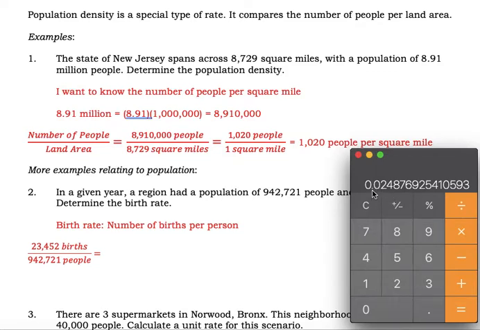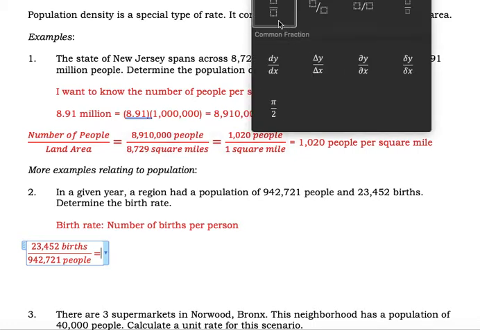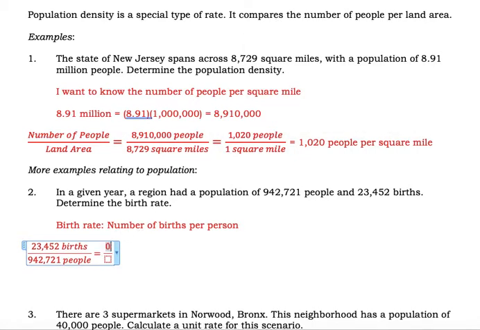I'm going to use the first two, so I'll use 0.02. 0.02 births per one person.